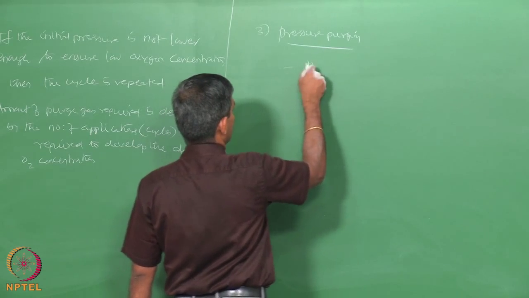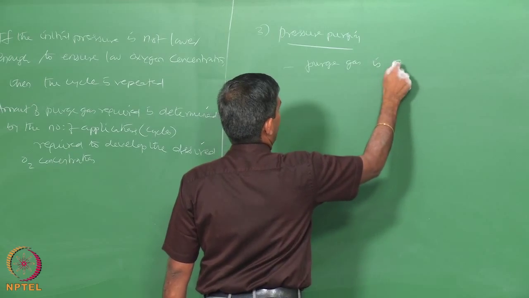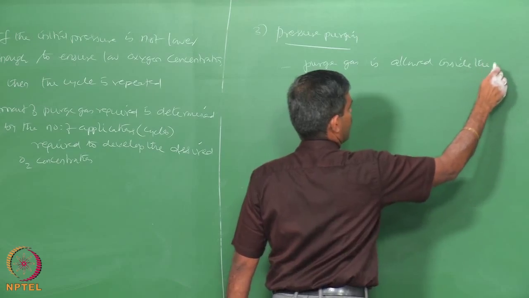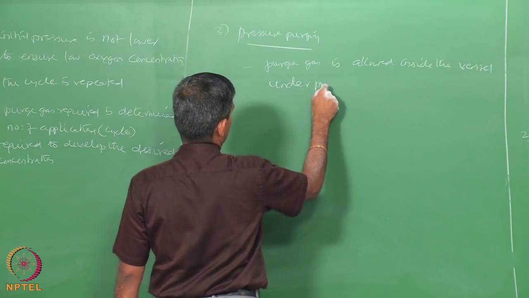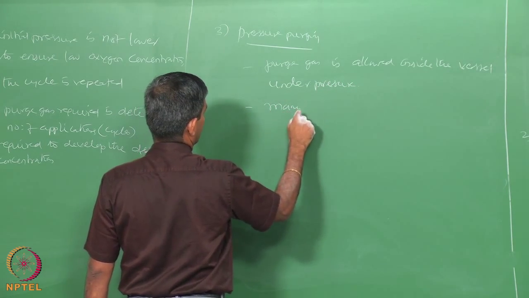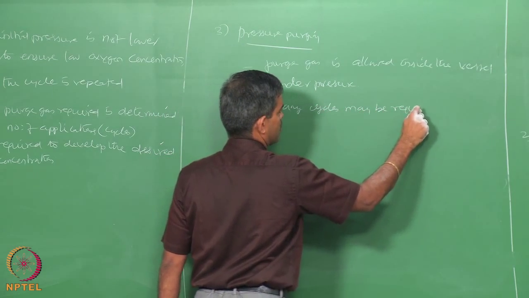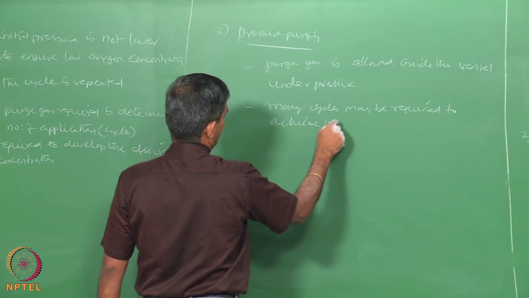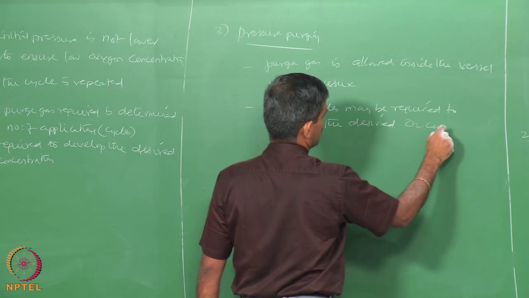So, purging is done under pressure, or purge gas is allowed inside the vessel under pressure. Many cycles may again be required to achieve the desired oxygen concentration.